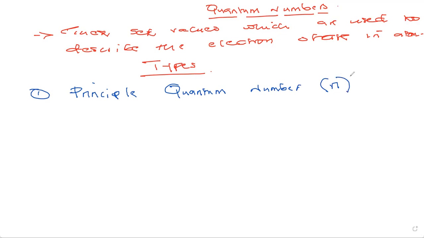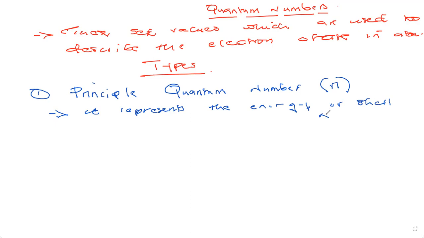So what does the principal quantum number do? This quantum number represents the energy level or shell of the electron. Sometimes I think we are familiar with shells.